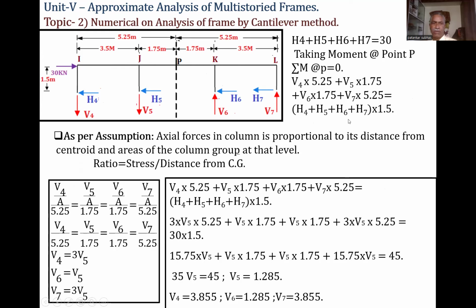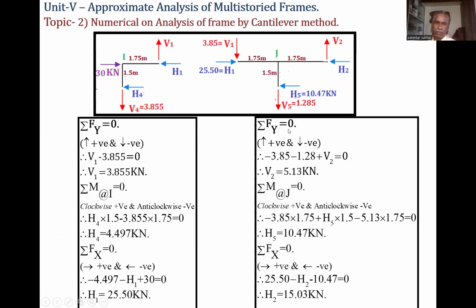We put it here, and we convert V4, V6 and V7 in terms of V5, and using the same we can find V4, V5, V6, V7. Okay, this is the second method, slightly different. When we consider the moment at this point, there is no need to convert, we directly get the answer. So it is up to you, either use the previous method or this method.